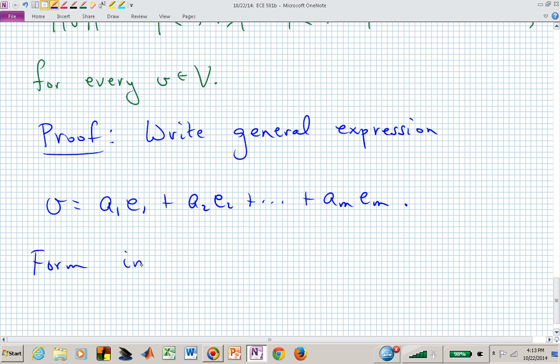First, let's form the inner product of this vector V with E1.